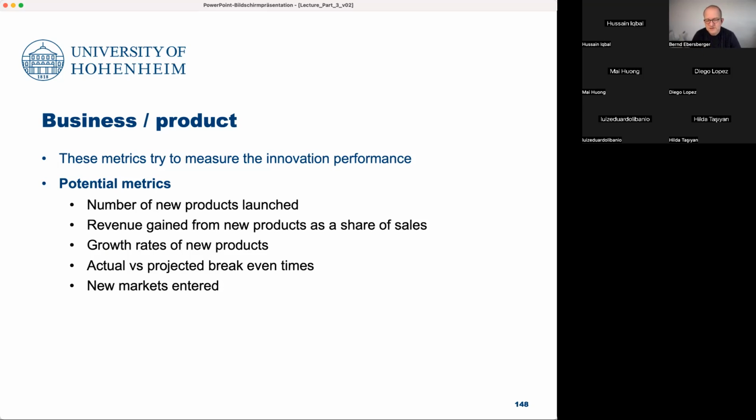It looks like goods and services, but what I have seen, and I appreciate this very much, there was the idea at 10:45, so you can scroll up in the chat and see this, the reduction of costs. So if we are looking at business process innovation, of course, number of new products launched is not a good measure.